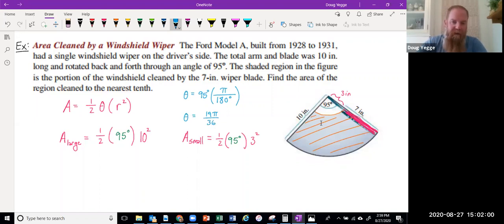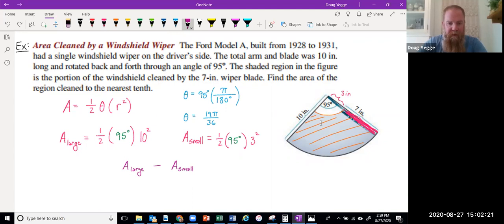So with that, we can now find the area by simply taking the area of the large sector and subtracting the area of the small sector. Okay, so that gives me, well, 1/2 times 100 is 50.